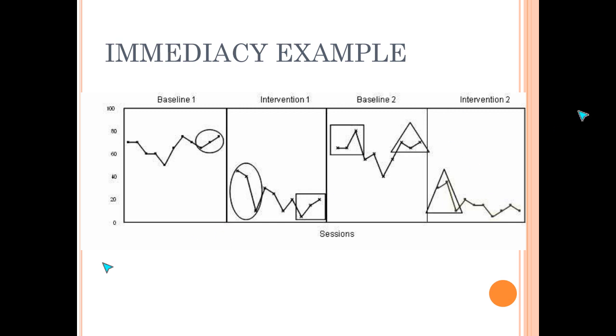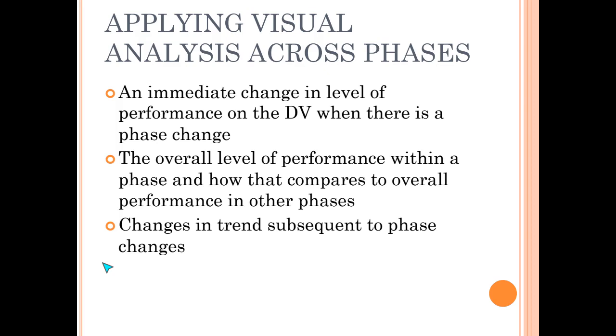That is an immediacy example. So we want to apply these types of criteria across the different phases. Immediate change is always good to see. Then it's very clean cut.